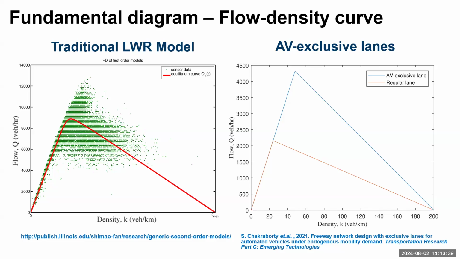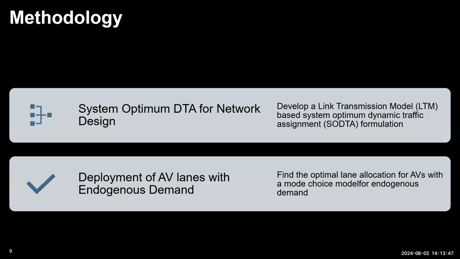The methodology of this research had two different steps. The first one was developing a system optimum DTA, dynamic traffic assignment, for network design, where the base traffic flow model was the link transmission model, and the system optimum dynamic traffic assignment formulation was based on that.